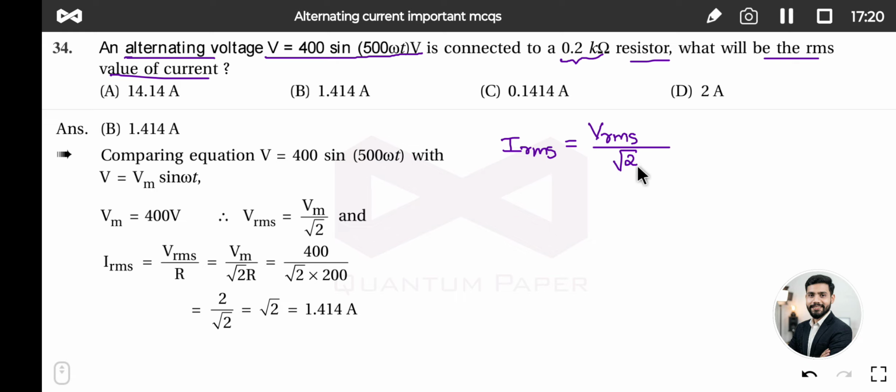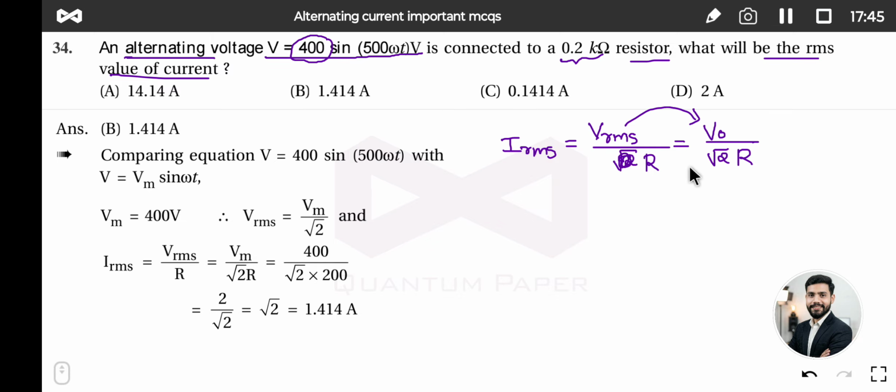From this equation, this 400 is nothing but the peak value of the voltage. Sorry, here the formula is IRMS is equal to VRMS upon R, simple Ohm's law. And the formula of VRMS is nothing but V0 by root 2, and R as it is.